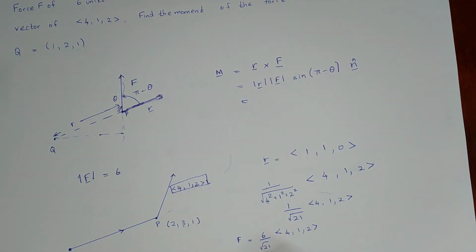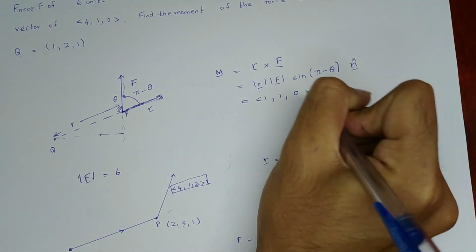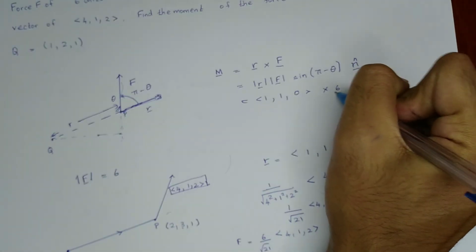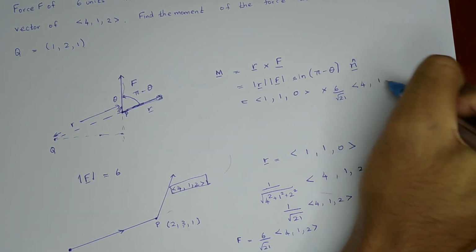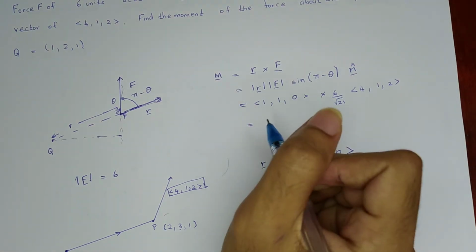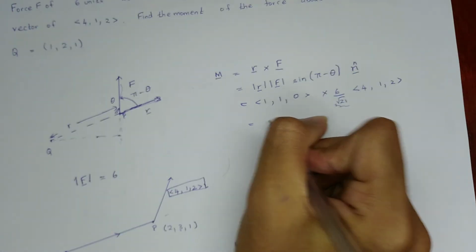If I substitute directly, I'm going to get 1, 1, 0 cross F, which would be 6 over root 21 times 4, 1, 2. The thing over here is, as it's a magnitude, not a vector, we can directly move it along here.